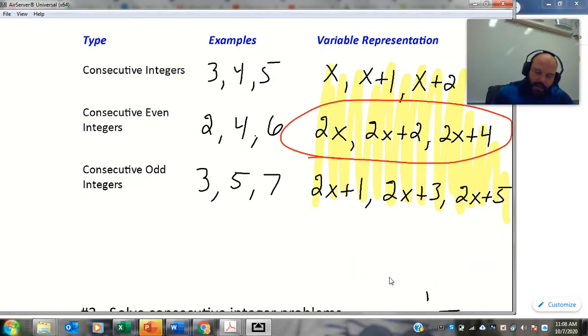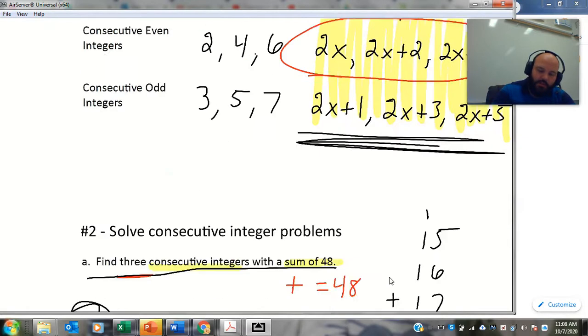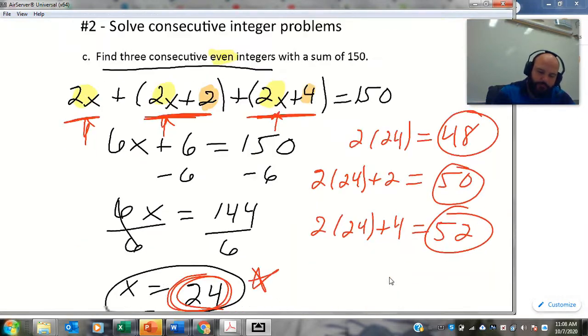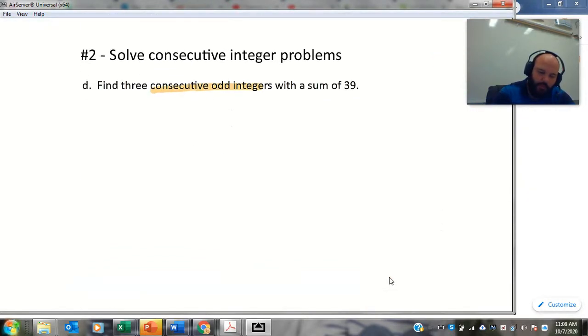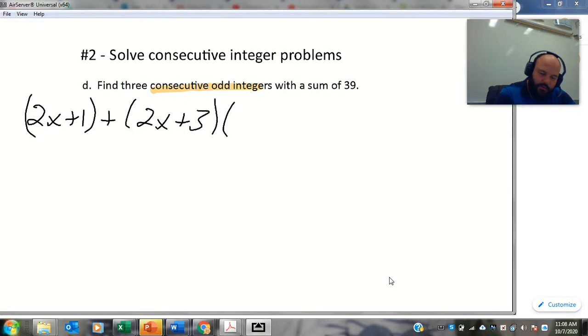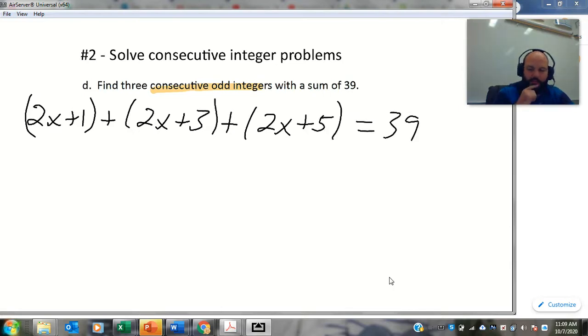So we need to now use this one right here, the 2x plus 1, 2x plus 3, and 2x plus 5. So the expression is 2x plus 1 plus 2x plus 3 plus 2x plus 5, and that equals 39.